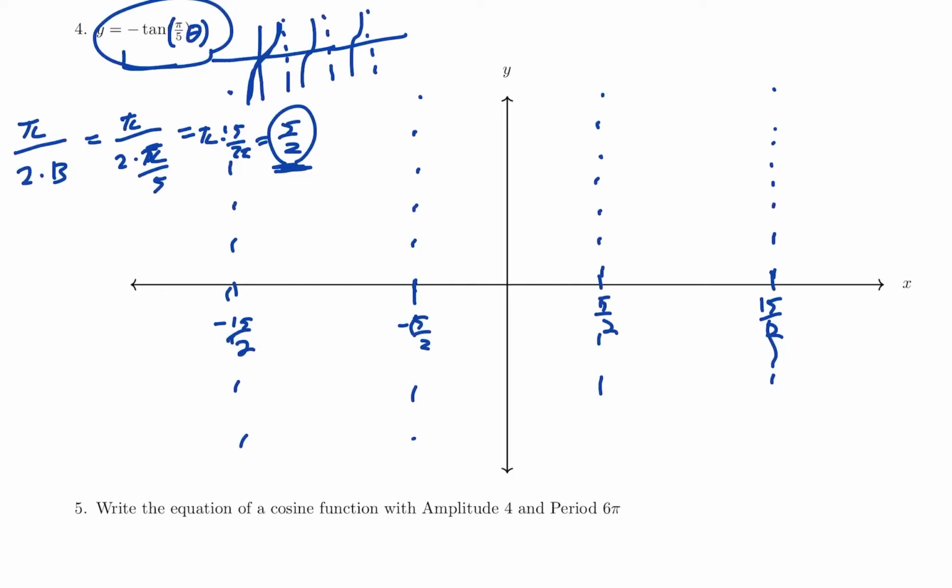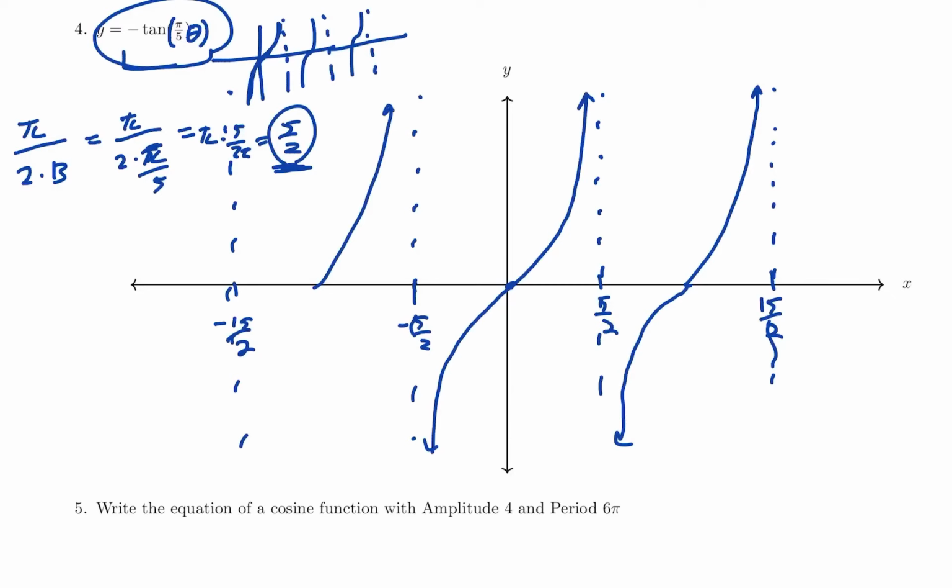Then we're going to sketch the tangent graph using these vertical asymptotes. So 0 is 0. So that's this shape. Draw an arrow, and get it identical. So these are the same shape. Now one more important thing. Here it's negative, right?